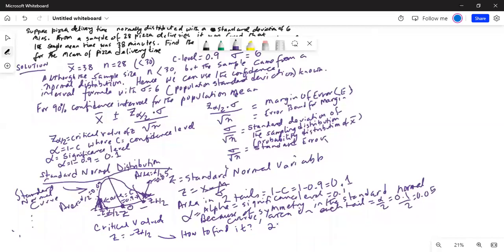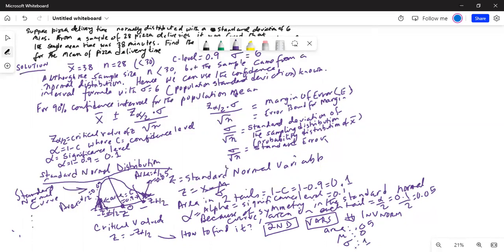Well, you press the calculator second key, then the DISTR key, then scroll down to invNorm. For area in the left tail type 0.05, mean is 0, sigma is 1.